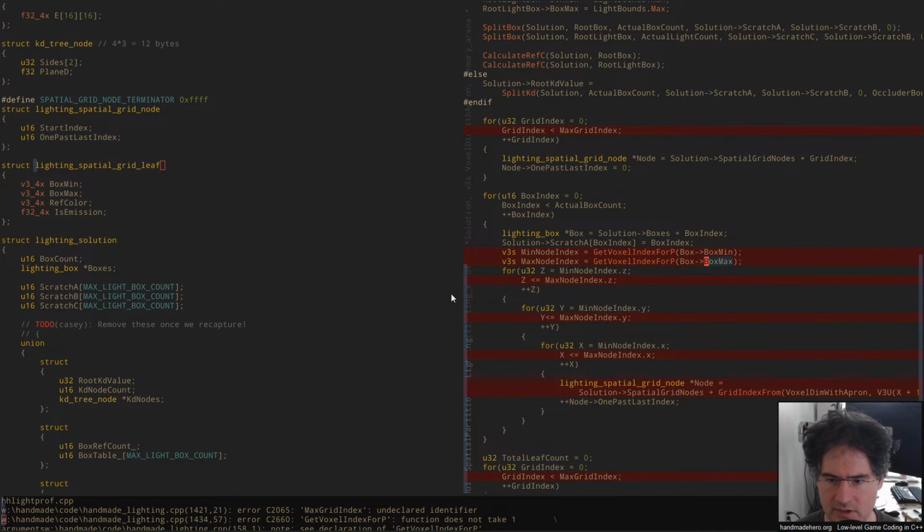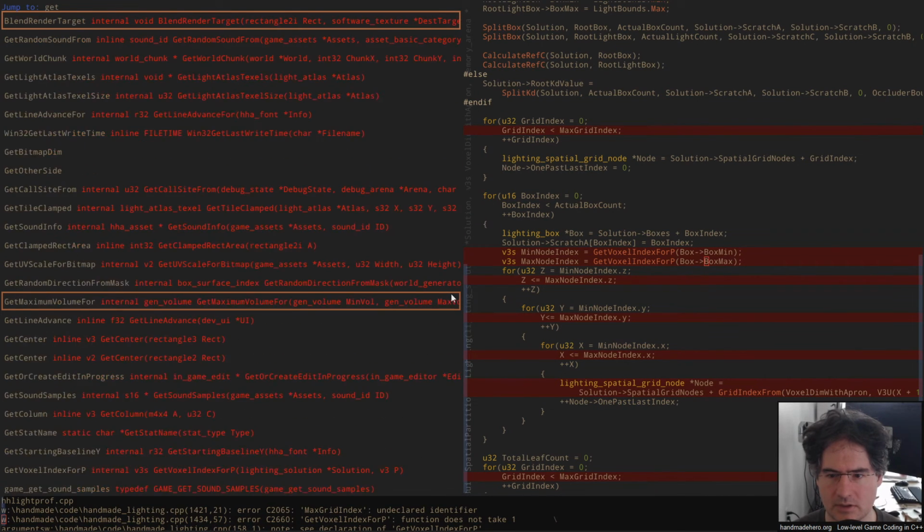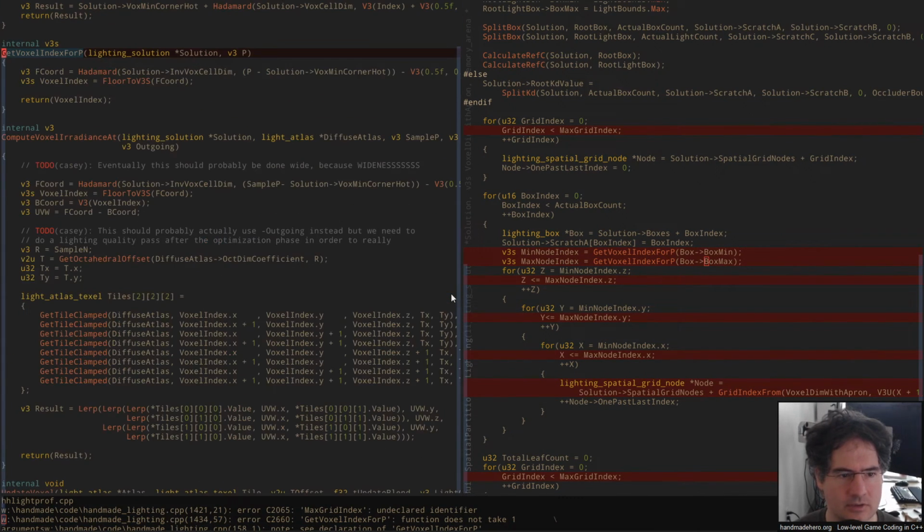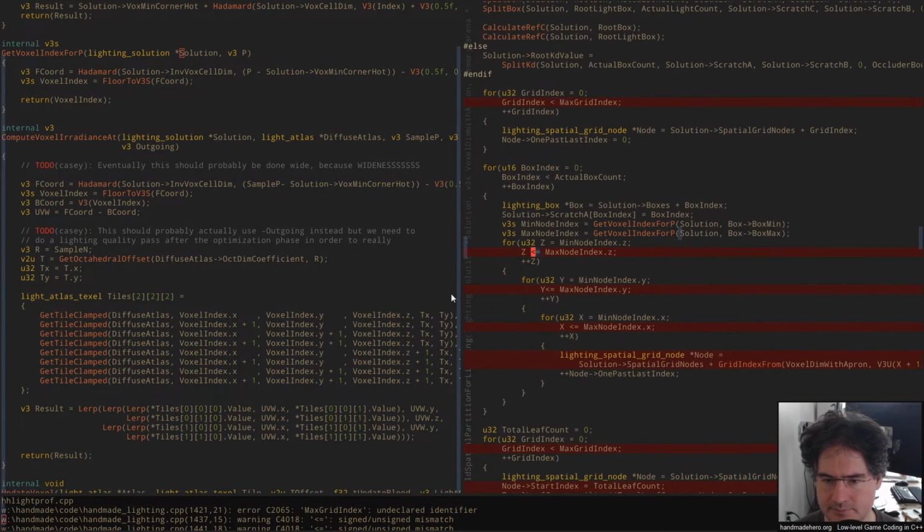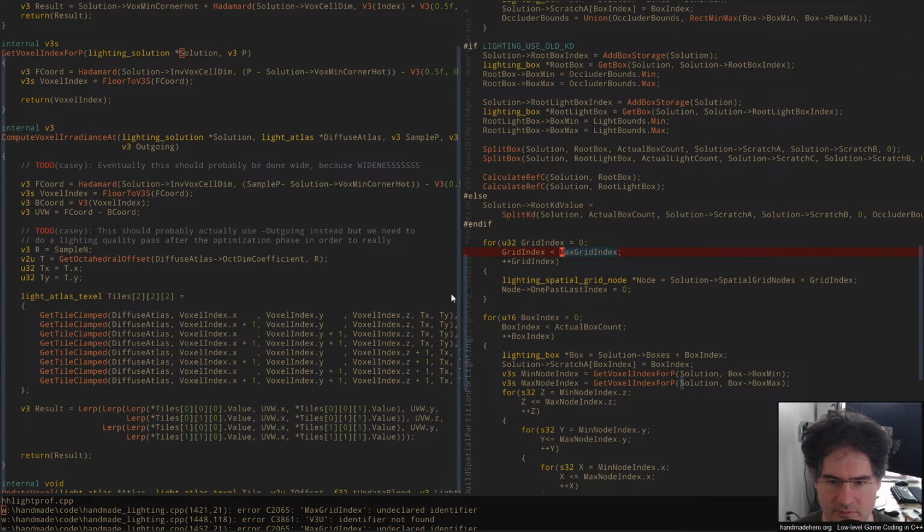Does not take get voxel index for p, takes the solution, which makes sense. There we go. Okay. So these have to be S32s just for compiler warning nonsense that shouldn't actually exist, but it's fine.